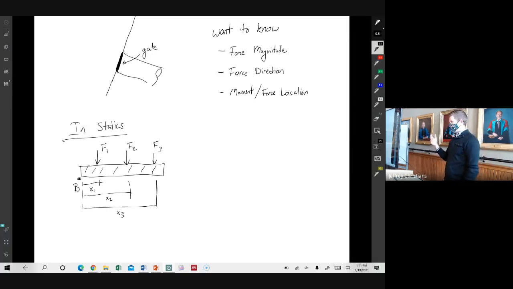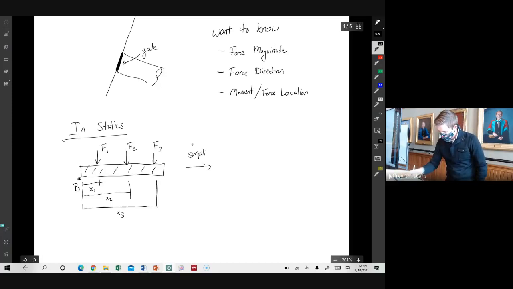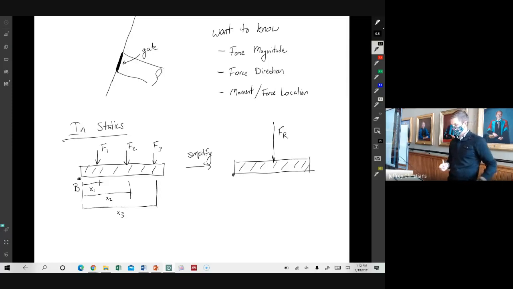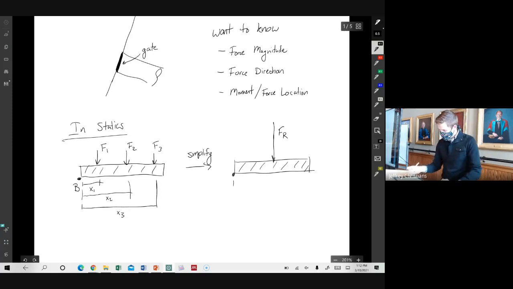In order to solve this more easily, we could simplify this picture to a single force acting at a single location, right? So we would have, right there, a single force, the resultant force, acting at a single location, which we'll call x prime.